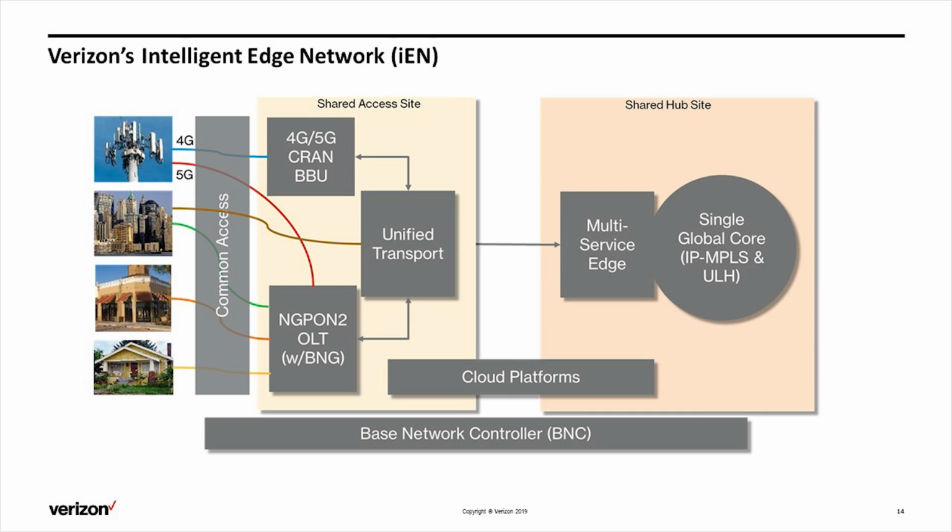So we're pushing for a single shared network here, and you'll notice that as you look at the left-hand side of the diagram, you can see that we're trying to provide service for both the residential, for small business, medium business, for enterprise, and for things like distribution to cell service.